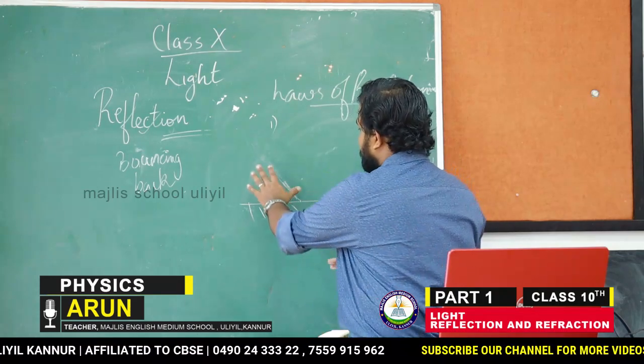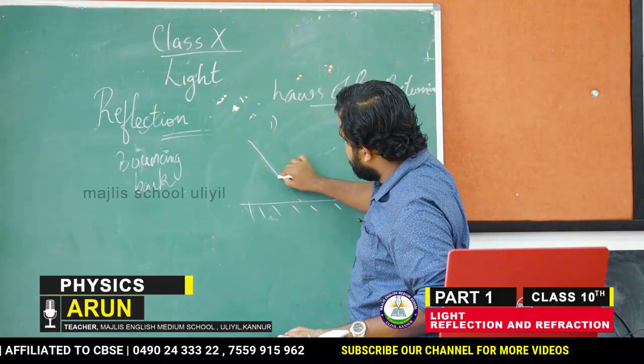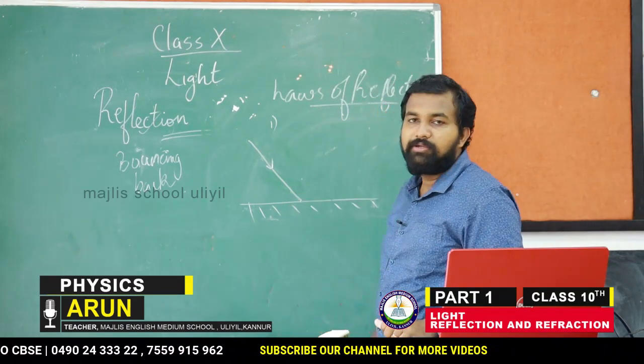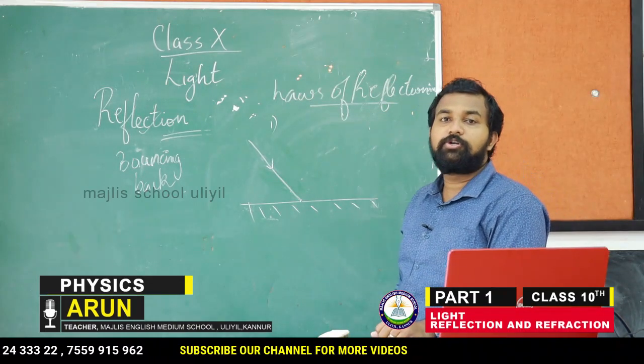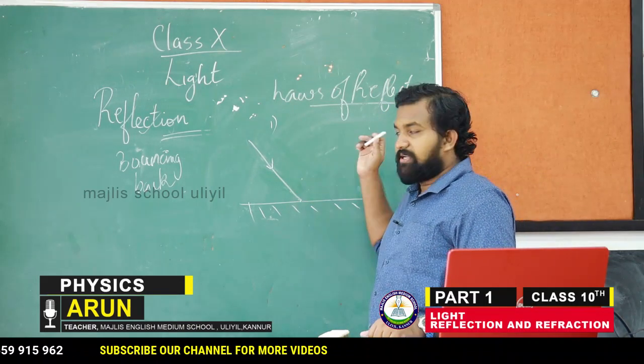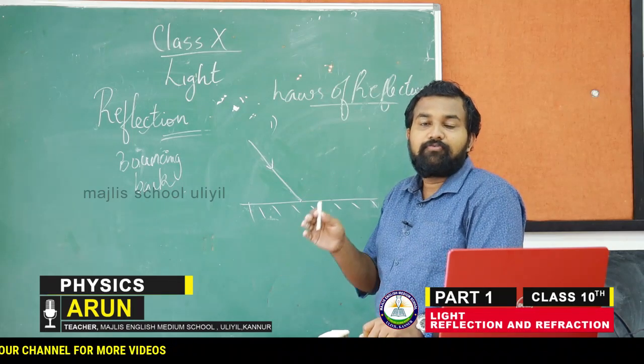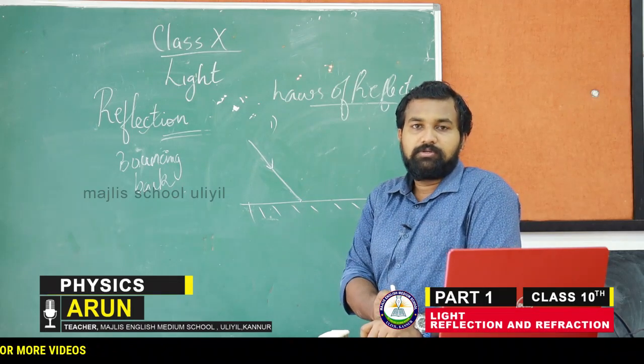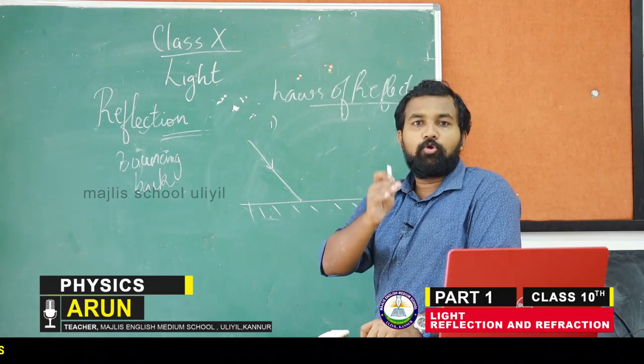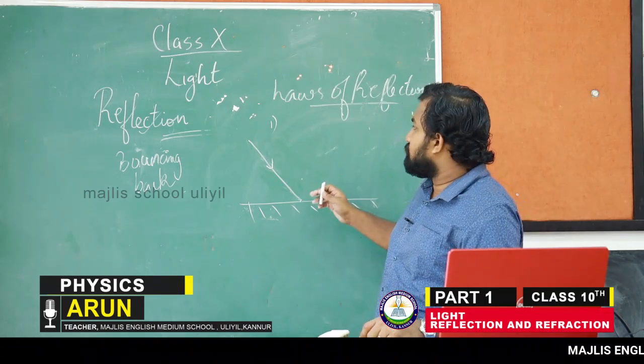The light rays will always travel in a straight line. It hits on the surface. What will it do? It will reflect, isn't it? And this reflection follows certain rules.